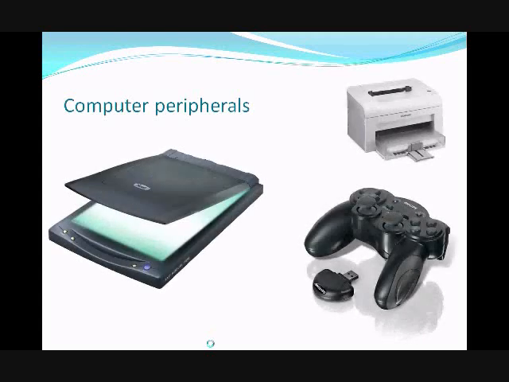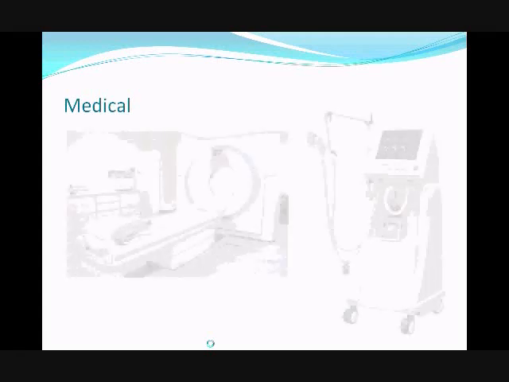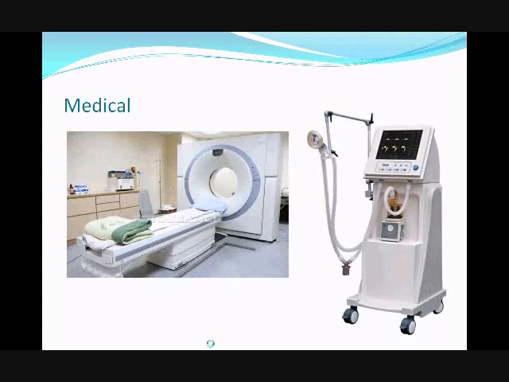There are also many medical instruments. Real-time systems control the responsiveness of ventilating machines, which are responsible for the survival of patients in critical condition. Many other similar machines used in the recent medical field are controlled by real-time systems.